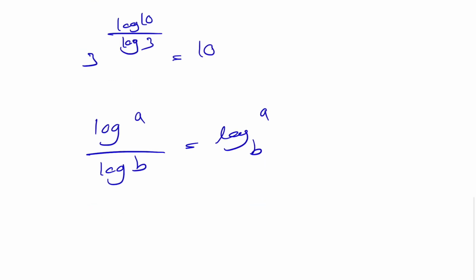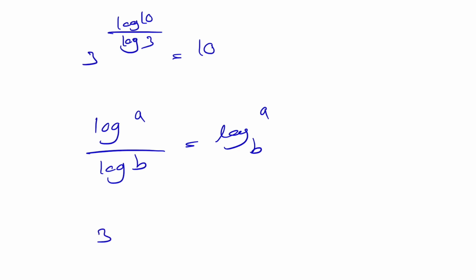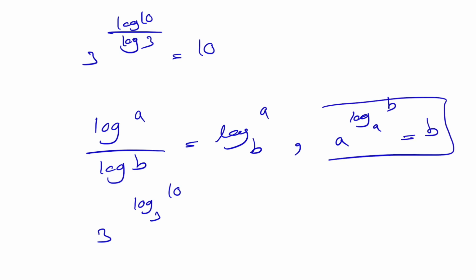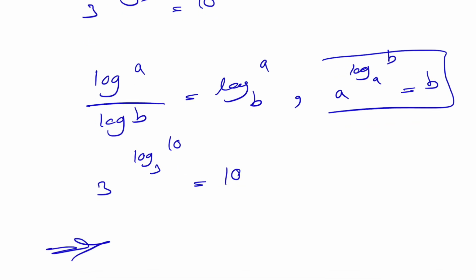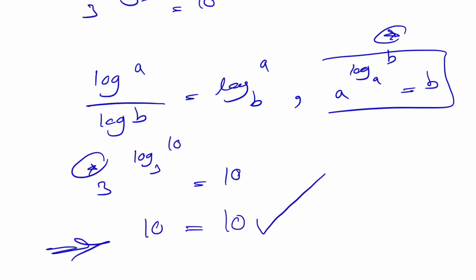So here we'll have 3 to the power of log base 3 of 10, and we have a to the log base a of b, which is equal to b. So what we have here is 10 on the left side and 10 on the right side, and that verifies our answer.